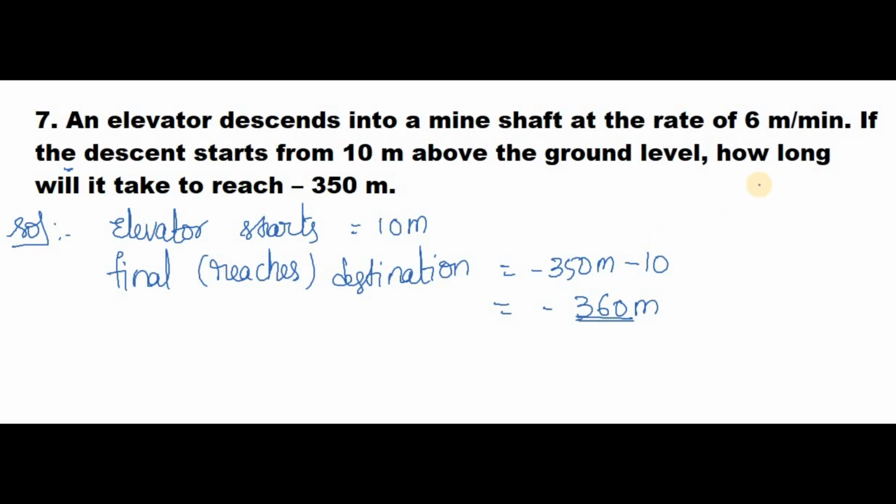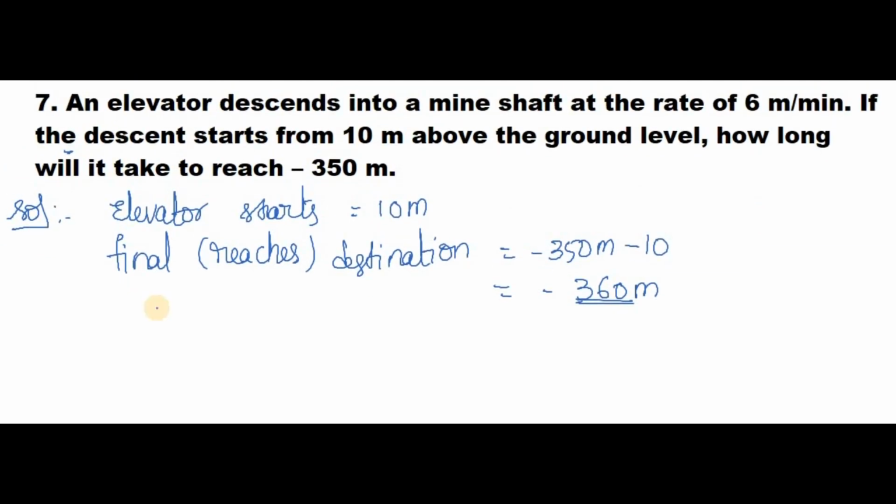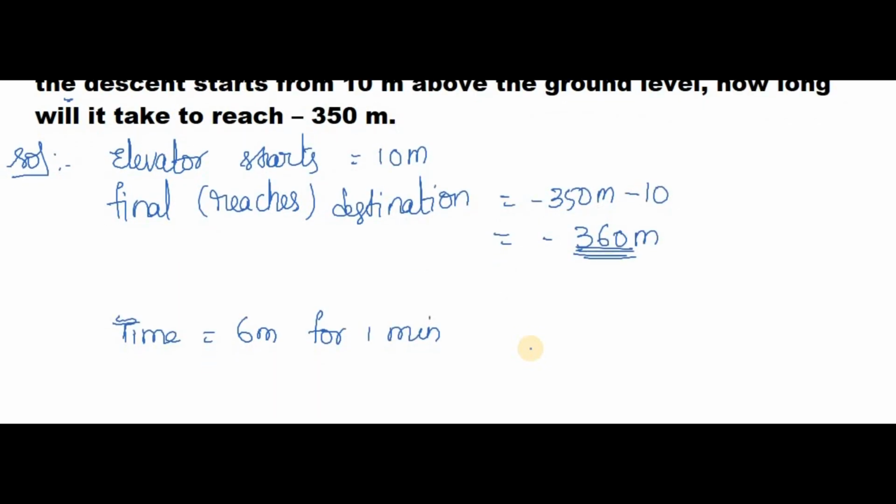So, here it is asking how long it is going to take. Okay, so the rate given here is 6 meters for 1 minute, and 360 meters for how many minutes, right? We just need that only.